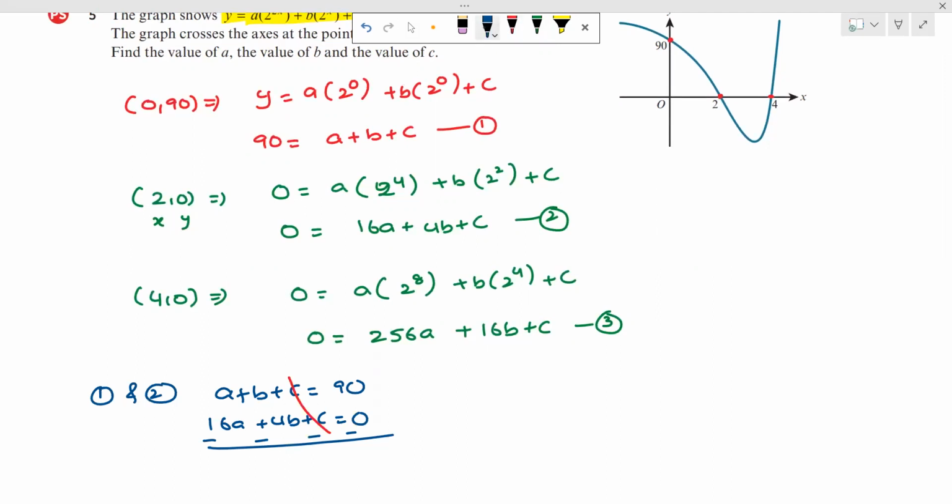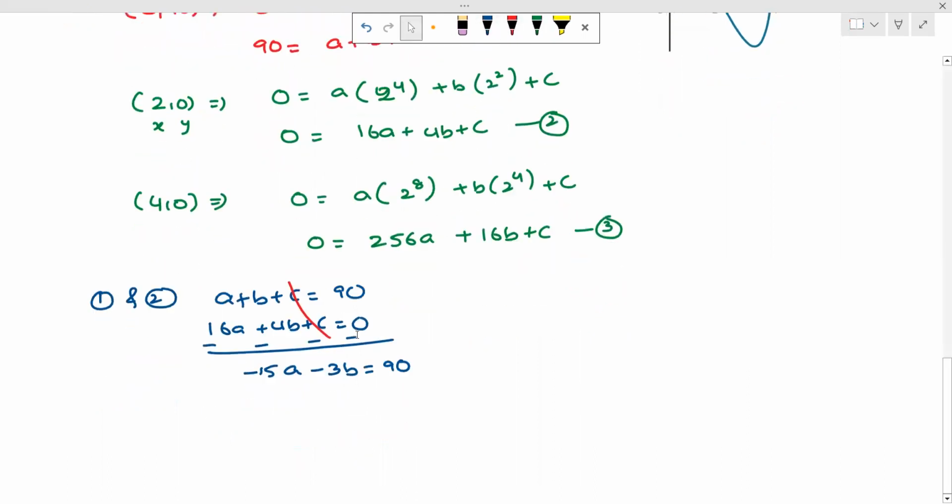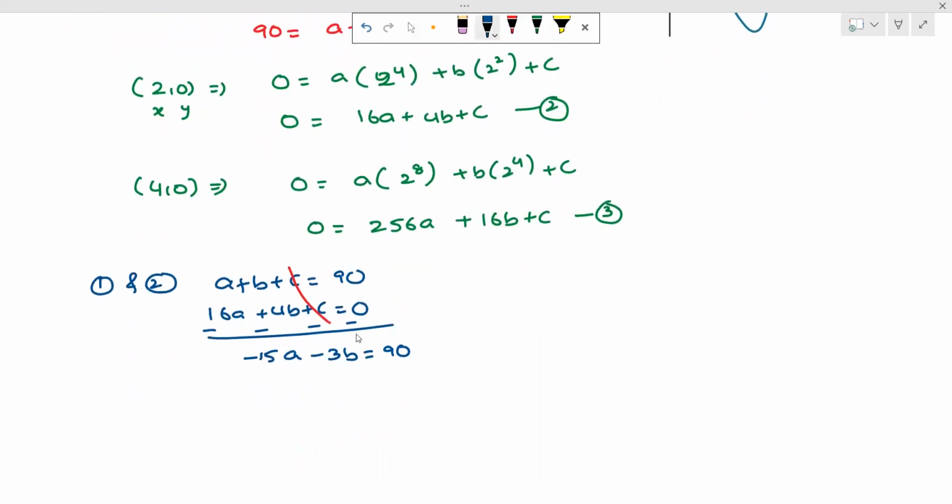So what you will be getting over here is minus 15a minus 3b equals 90. If I take minus 3 common, it is 5a plus b equals minus 30. Let us assume this is the fourth equation.